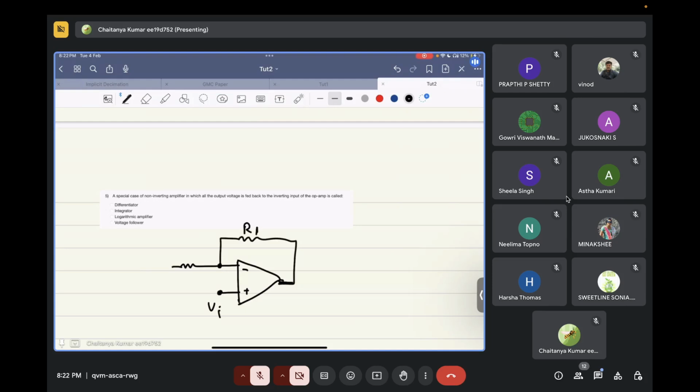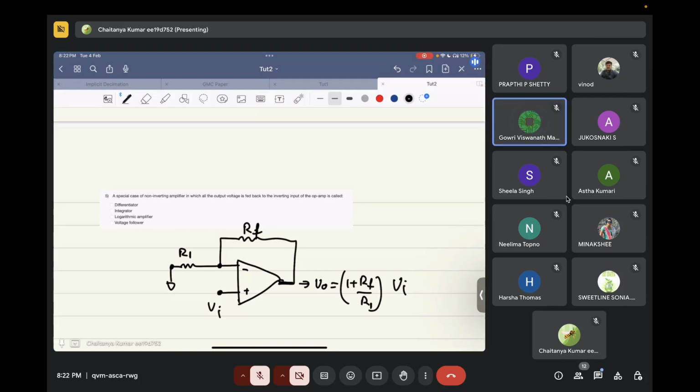Let's say this is RF, this is R1, and this is ground. This is how a non-inverting amplifier looks, right? So if this is a non-inverting amplifier, what is the gain at the output? 1 plus RF by R1 times Vi, correct?